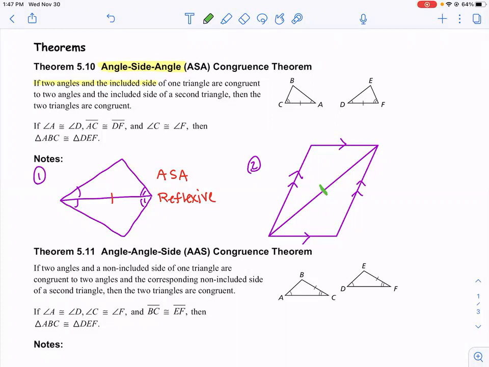Sometimes it could be corresponding angles. But if you have a set of parallel sides, you better be looking for some congruent angles. So these two angles are congruent because they're alternate interior angles for the top and bottom set. But these sides, we have alternate interior angles that are congruent right here. So these two triangles are congruent by angle, side, angle.